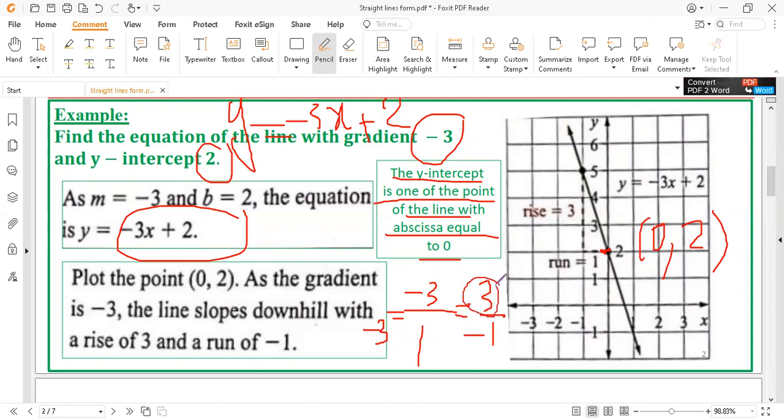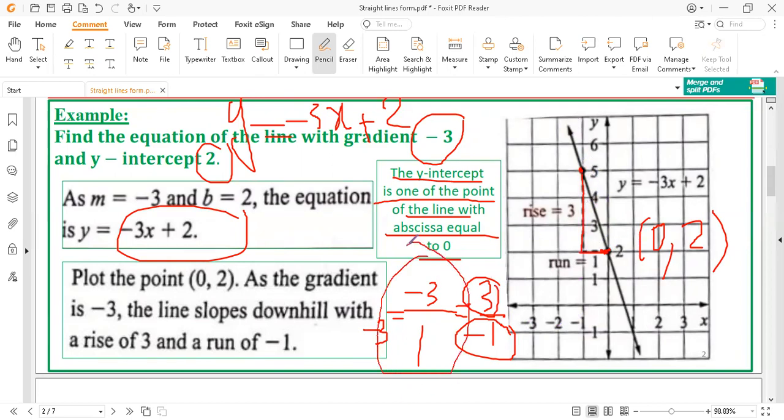And 3 is the rise and -1 is the run. So from this point we run -1, then 3 positively, with the positive direction of the y-axis, 3 steps up. We obtain this point and join the y-intercept with this point to obtain our straight line.